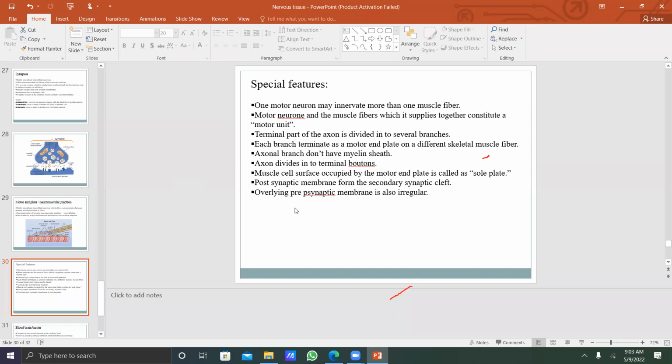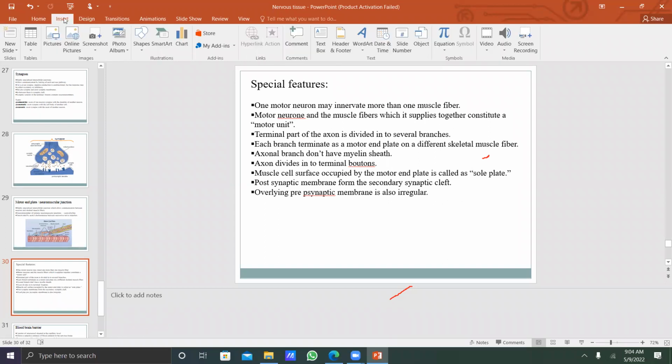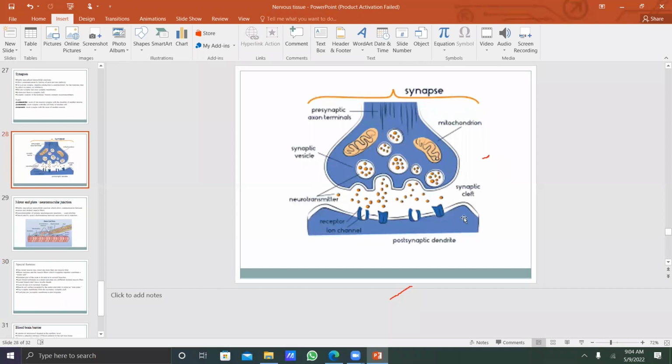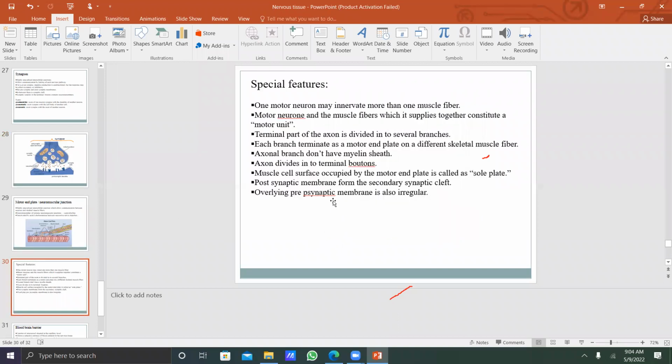That means the postsynaptic membrane of the muscle fiber is forming clefts and it is irregular in shape. Okay, irregular in shape like this.